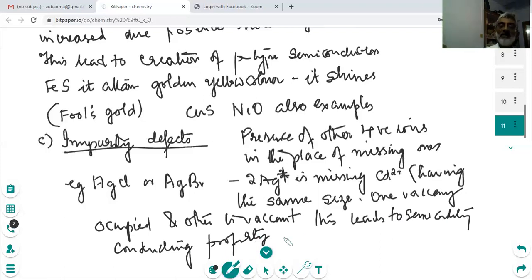And also it leads to a change in color. It's a very important color, I think.